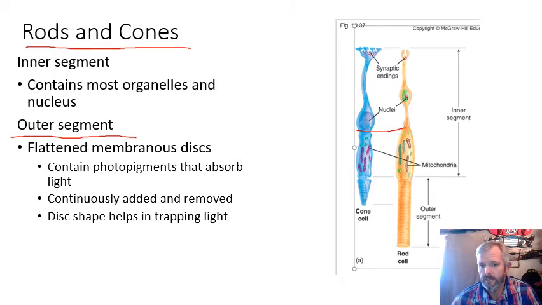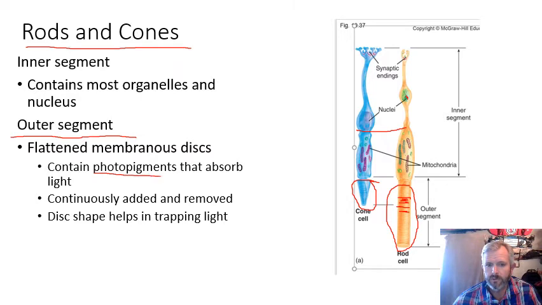You can see our cones have much smaller outer segments, but they have these discs in here. These discs help to absorb the light. They contain the photopigments.